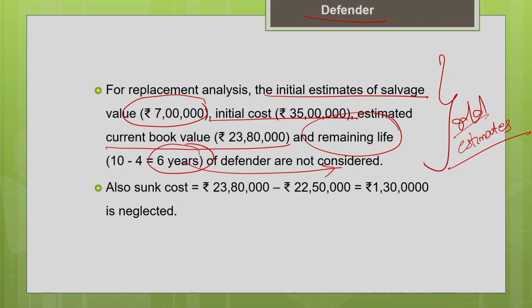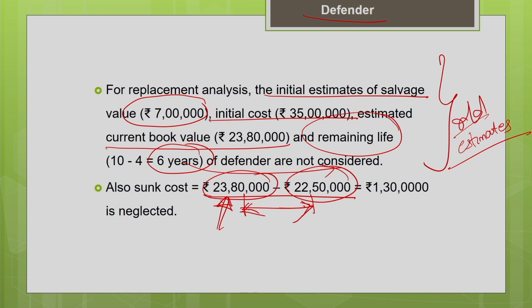And also, as I told you, your sunk cost. So, what is the sunk cost? The estimated book value of the machine using the depreciation accounting method is 23 lakh 80,000. But your current trade-in value is only 22 lakh 50,000. This difference cannot be recovered. This difference is called the sunk cost. This is a cost which is spent and lost.